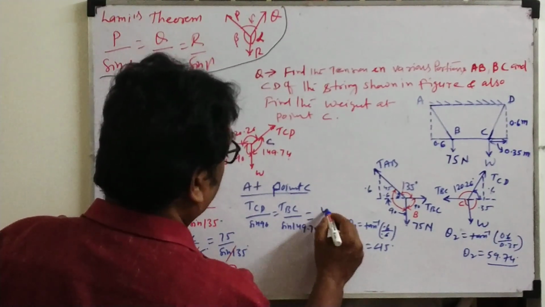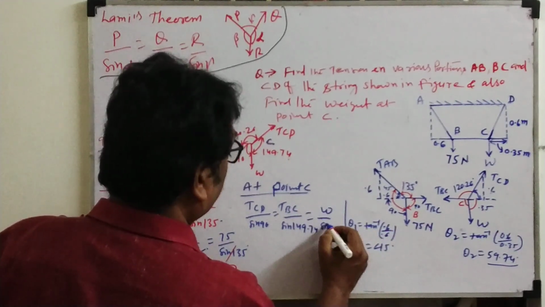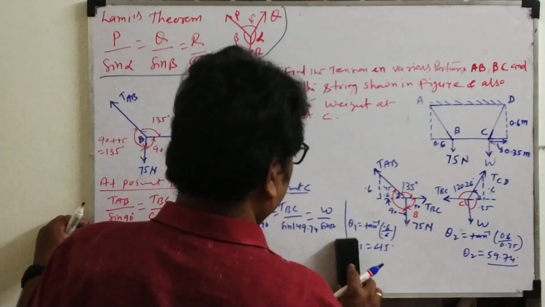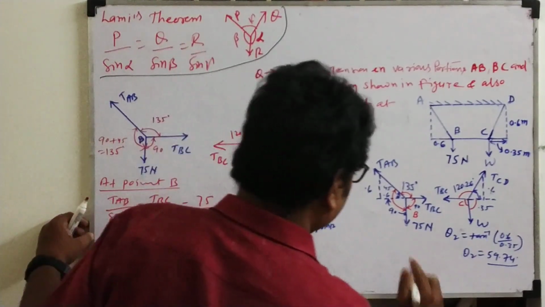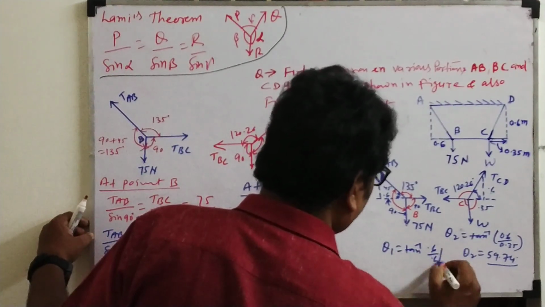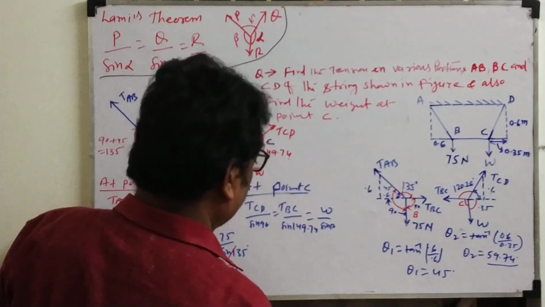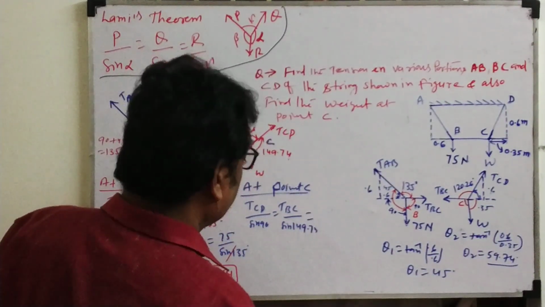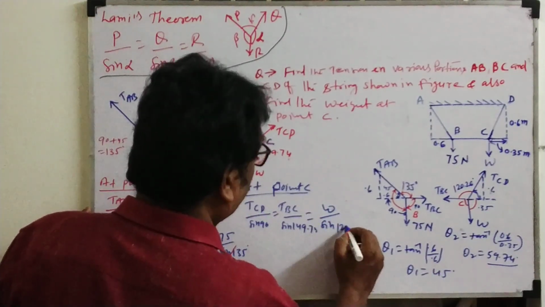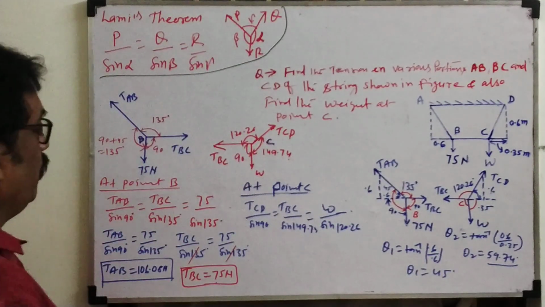Then W divided by sin 120.26. Here theta 1 is equal to tan inverse of 0.6 by 0.6, so theta 1 is 45, the value from before. Due to lack of space I wrote it again. So W is equal to, with the opposite angle sin 120.26. So at point B we got the relation.